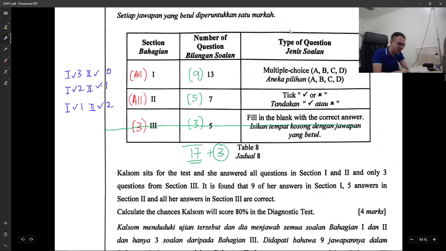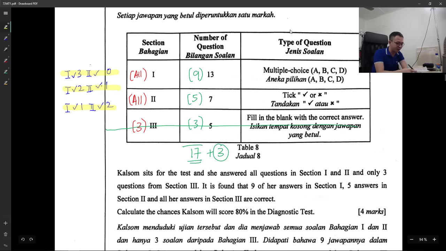Is it possible that part 1 is 0 and part 2 is 3 questions? This is not possible for the last one, because in part 2, with 7 questions, she has already corrected 5, so only 2 remain. So the last one is not possible. Therefore, I need to work out all these 3 possibilities.